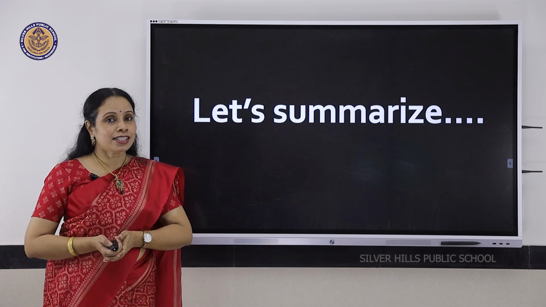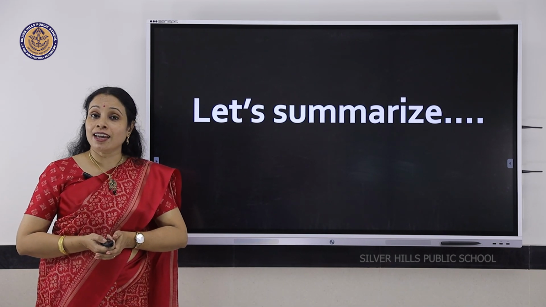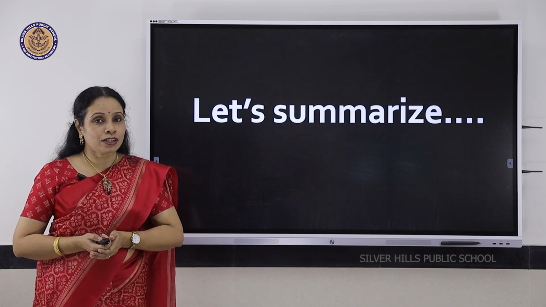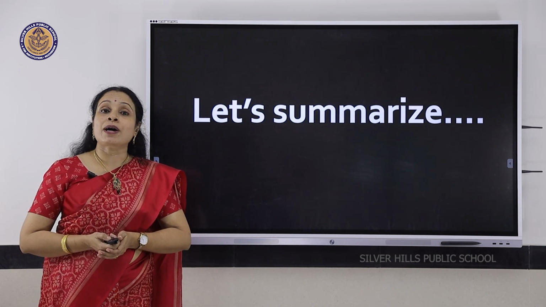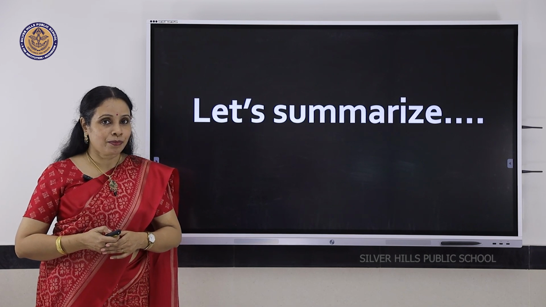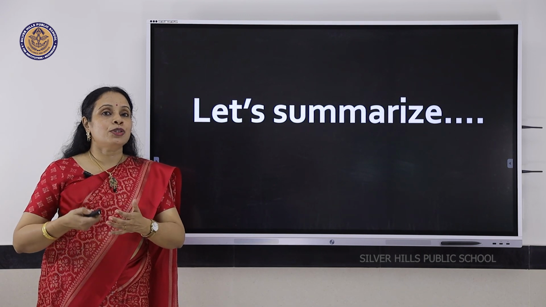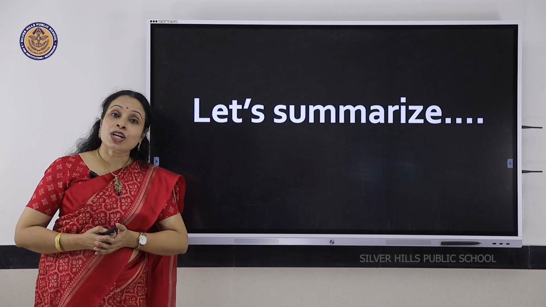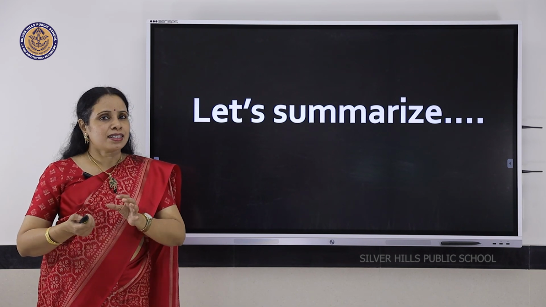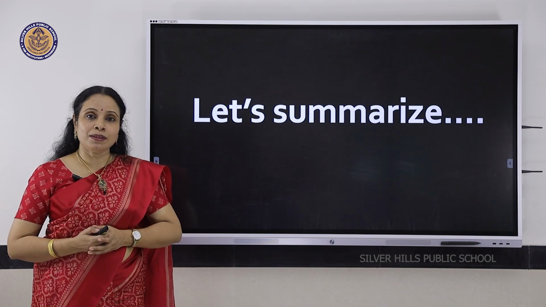So let's summarize. What did we learn today? We learnt about respiration. We saw plants respire by using their stomata. In animals, it could be either aerobic or sometimes anaerobic respiration.